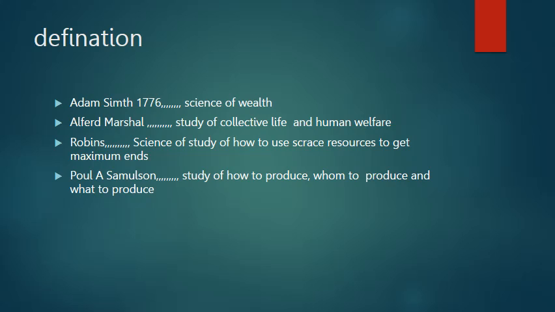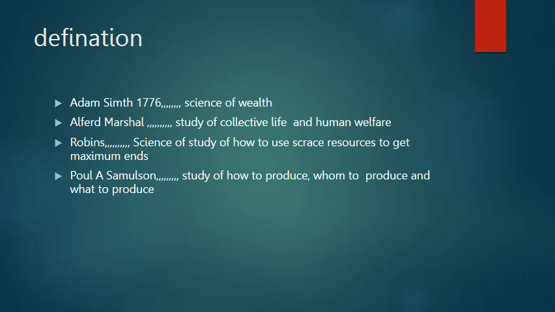Paul Samuelson said that the study of economics is the study of how to produce a good, for whom to produce a good, and what to produce. Whatever we are producing, we are producing for whom? It means who will be our consumer. How will we produce? Either we will use more capital and less labor, or less capital and more labor.